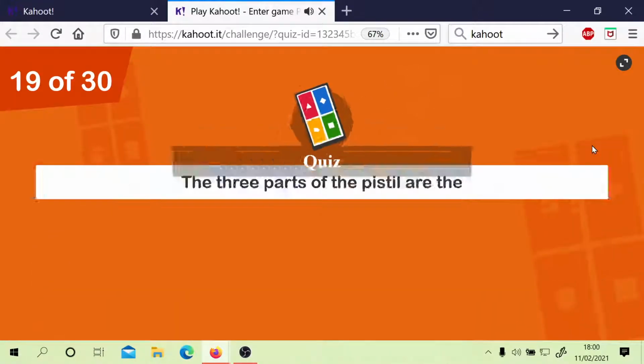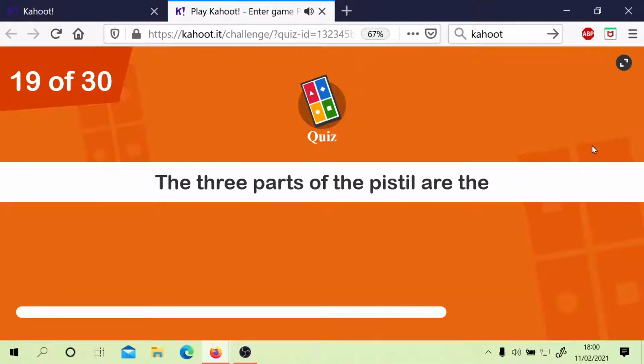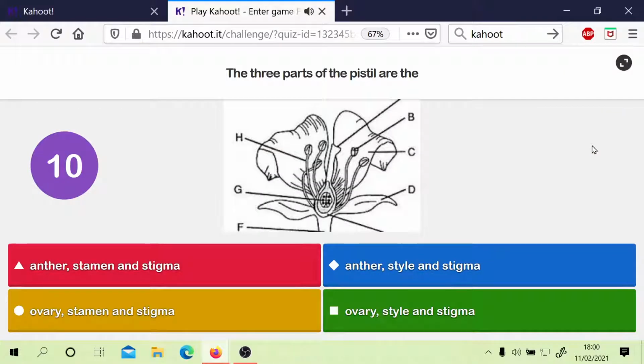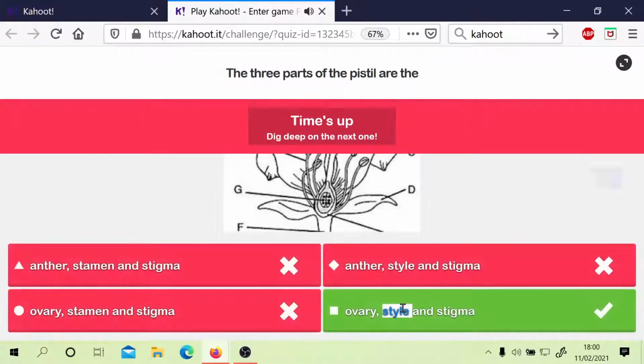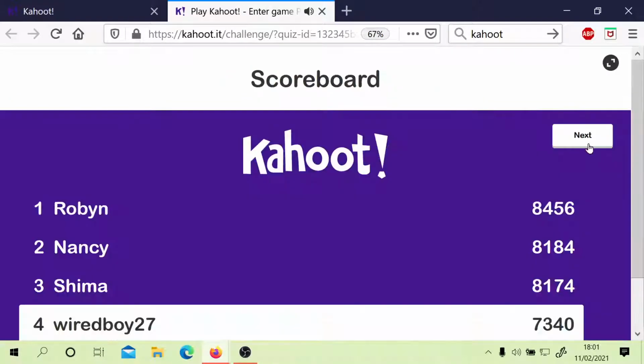That is like the easier part to remember. It's certainly not anther. I did actually. I was guessing this one. Ovary, style, and stigma. Yeah.